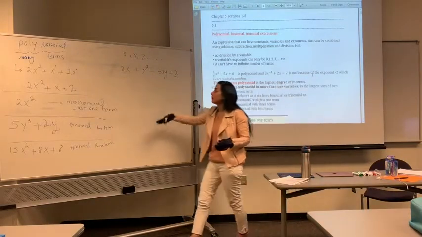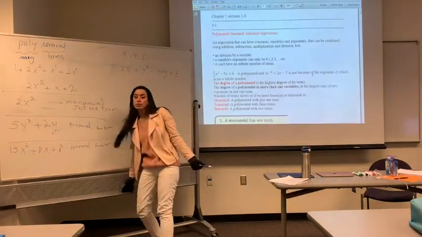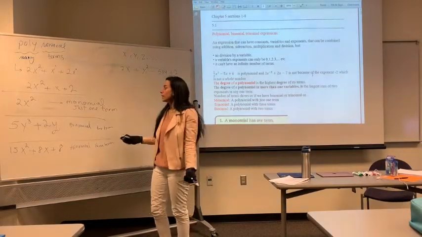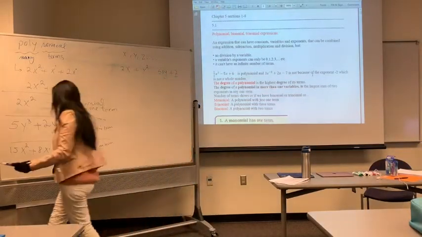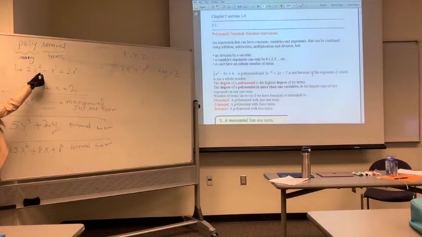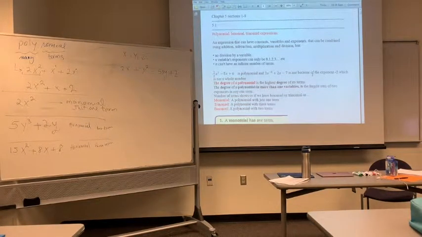So this was the type of polynomial. Now I want to talk about degree of terms. The degree of a term is the exponent of the variable in that term. So let's say this is the term. What is the exponent of the variable in this term? 2.